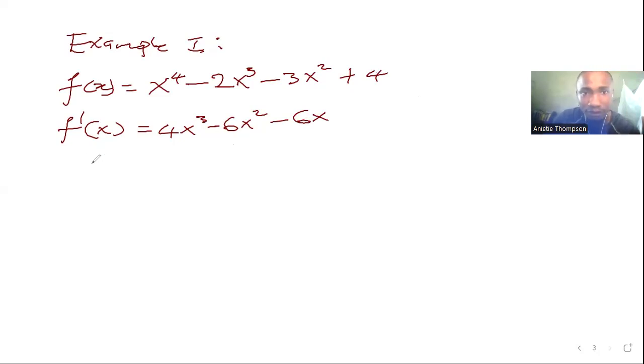Then we will get the first guess value. Let's call that value x0. I want to guess x0 to be equal to 4.